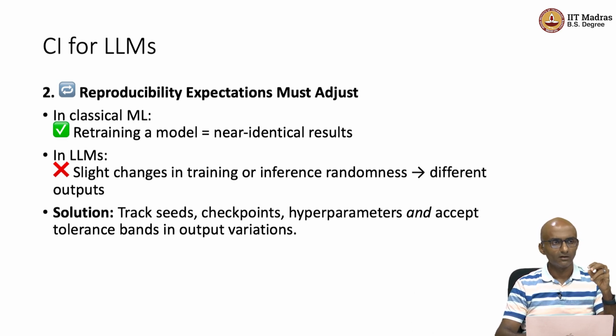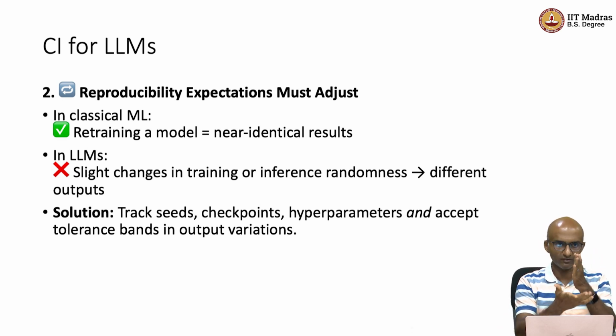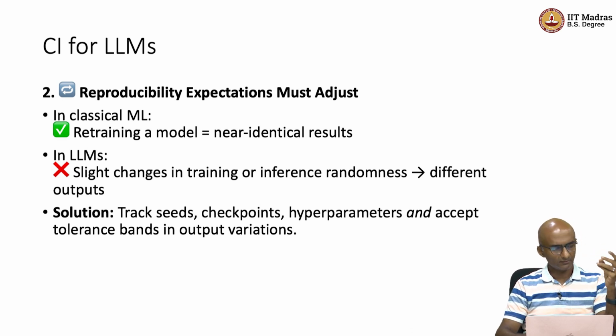So how do you then mitigate this? You will have to track randomness, introducing points appropriately. In those cases, make the random state be set to a constant value for testing purposes, so that it's always starting off from the same seed. Then you need to be able to track checkpoints. The sensitivity to hyperparameters also needs to be there.